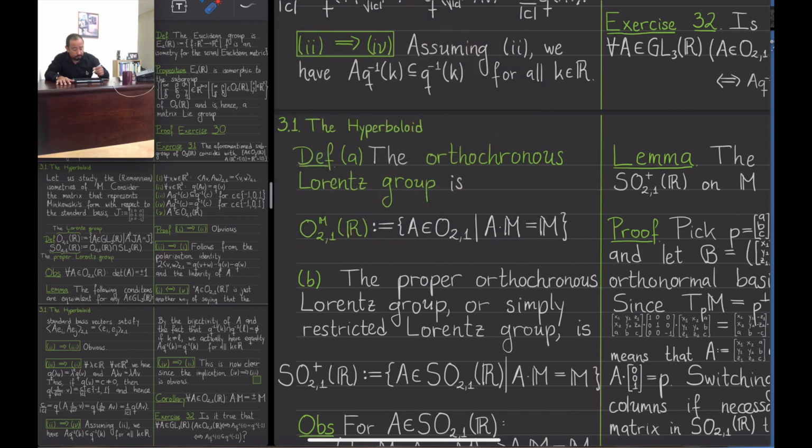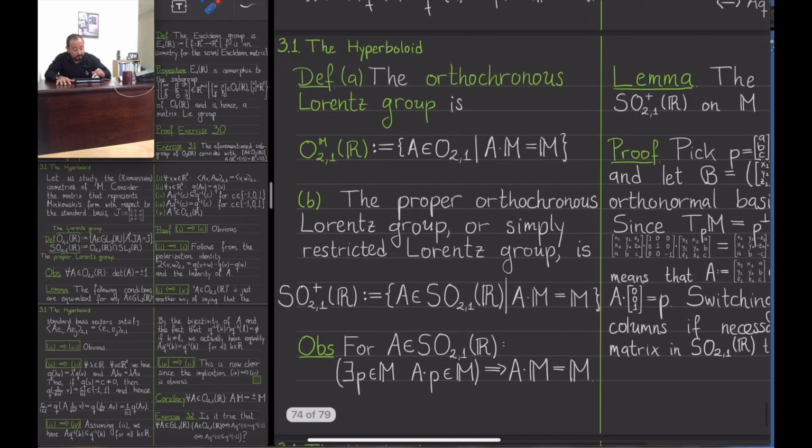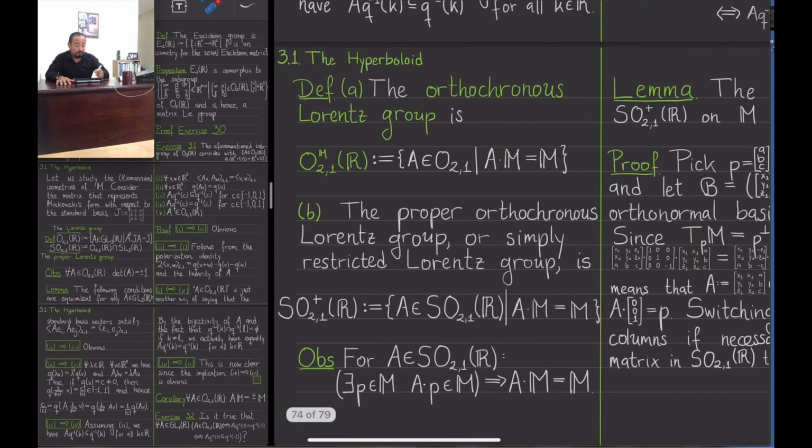So this is the orthochronous Lorentz group. Think about, for instance, reflection along the XZ plane. It's easy to check that it belongs to the orthochronous group, to O21, right?